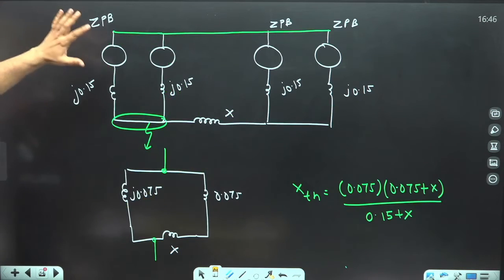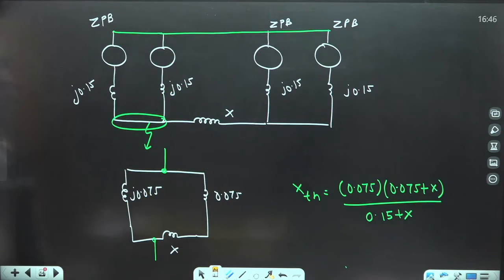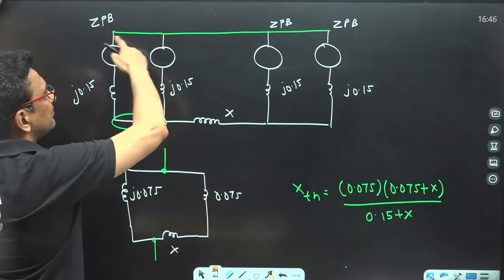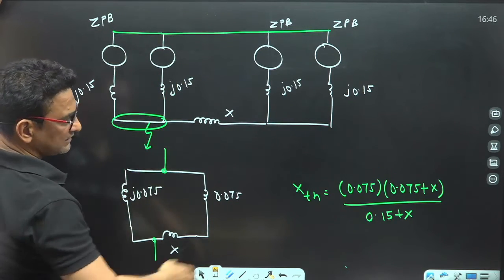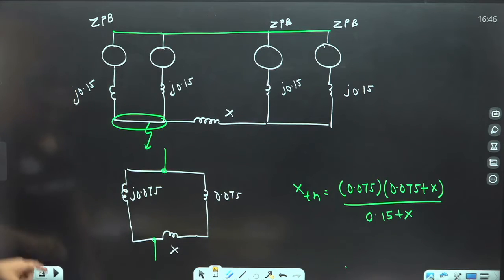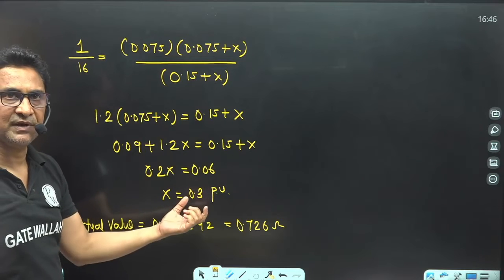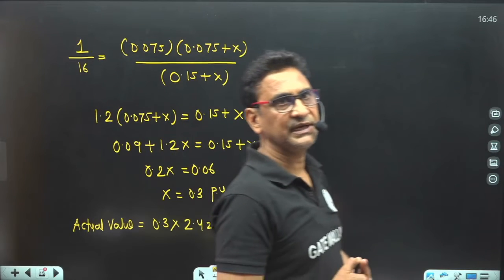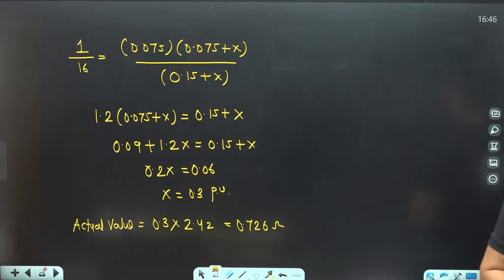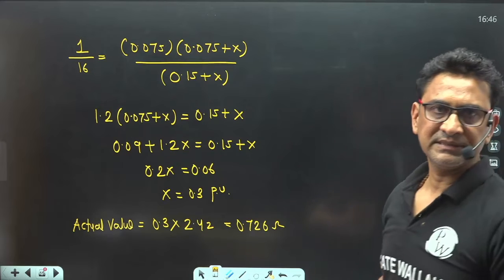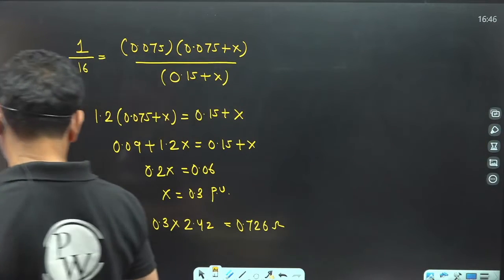From this positive sequence network, find out the XTH, which is nothing but the equivalent impedance between the zero potential bus and the fault location. Now equalize these two XTH and get the value of X. This is the PU value. So convert this X into the actual quantity. So 0.3 into 2.42, 0.726 is the right option.